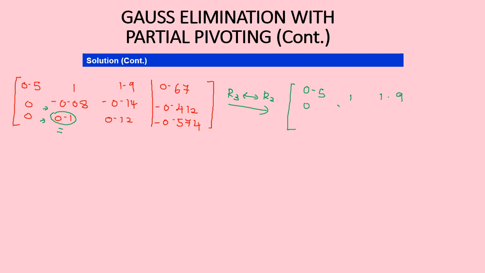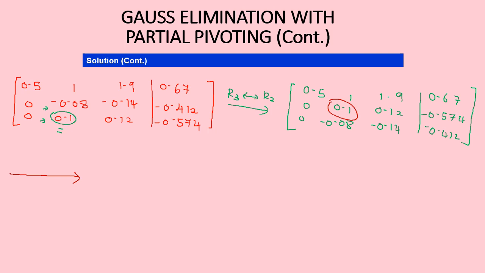So 0, 0.1, 0.12, 0, minus 0.08, minus 0.14, and the other side we have 0.67, minus 0.574 and negative 0.412. So now our pivot element, which is 0.1, already has the largest magnitude between these two rows.